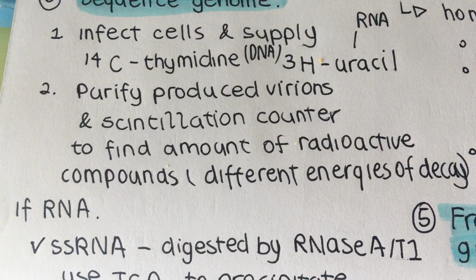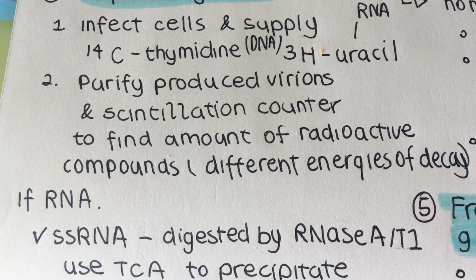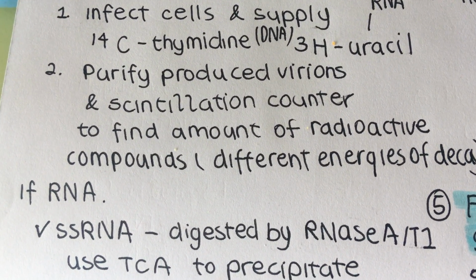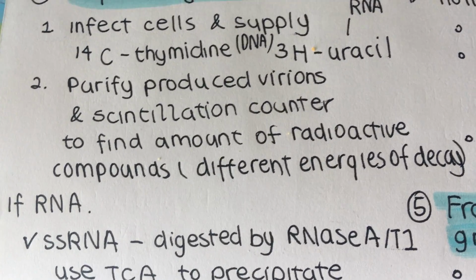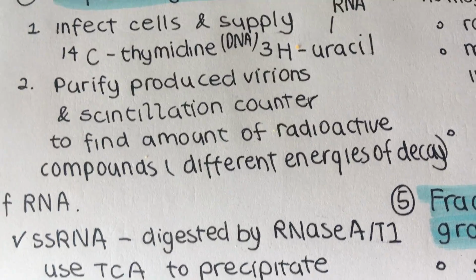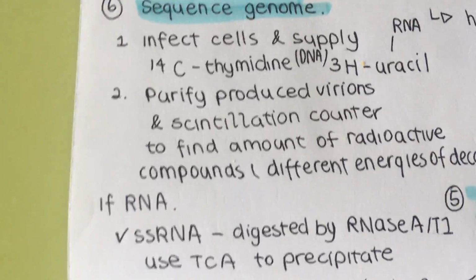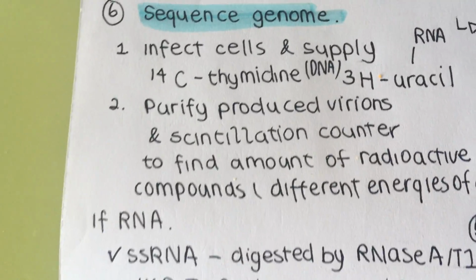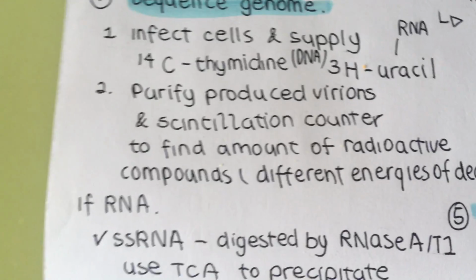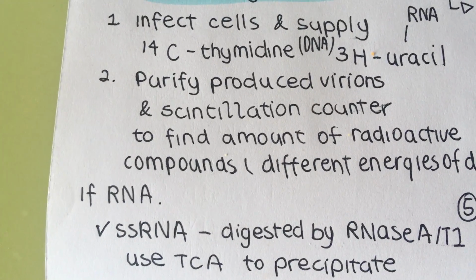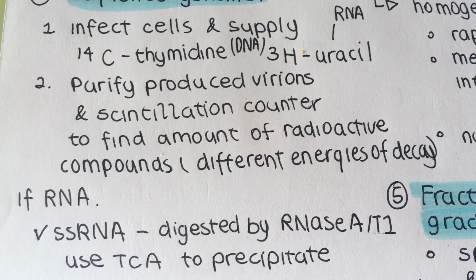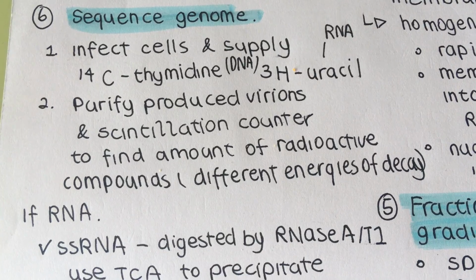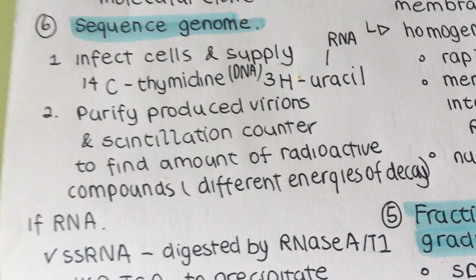So these are basically nucleic acid bases conjugated to a radioactive compound, and which can be used by infected cells to produce virions. You can then isolate the virions and use a scintillation counter to find the amount of radioactive compound, 14 carbon or 3 hydrogen, within the virion.